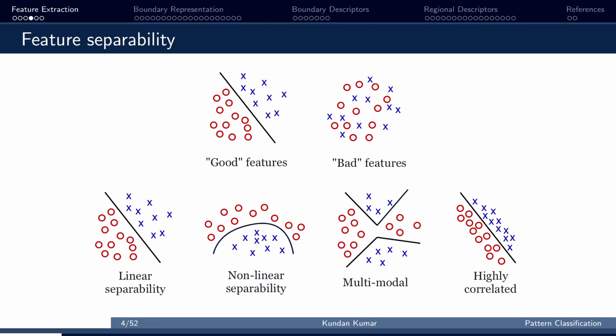Based on the separability, we can categorize the features as linearly separable features, non-linearly separable features, multimodal features, or highly correlated features. These are the different categories and how we can represent them using figures, that means the position of the feature vectors in the feature space.